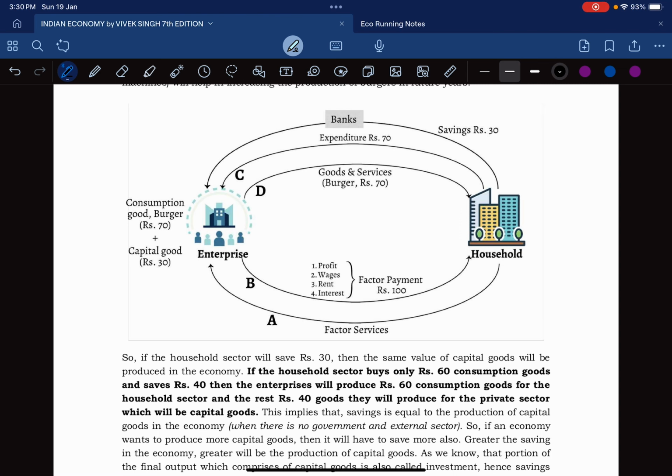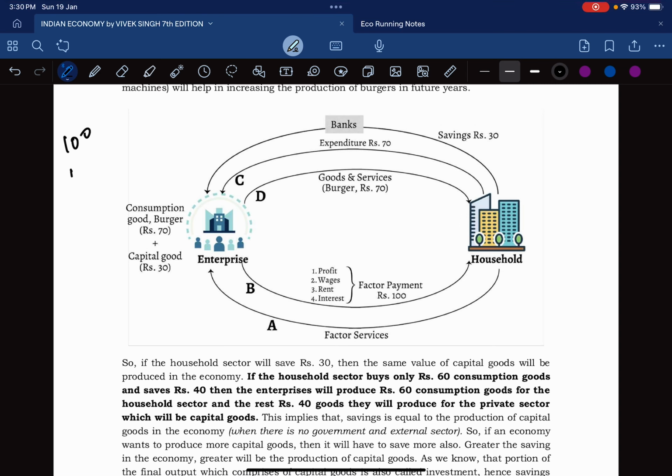So in the previous case, since all the amount was produced and consumed simultaneously, we did not have any savings and we did not have any capital goods to produce further. It was all consumption.